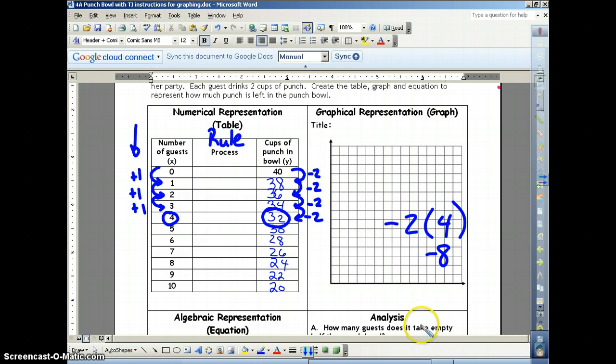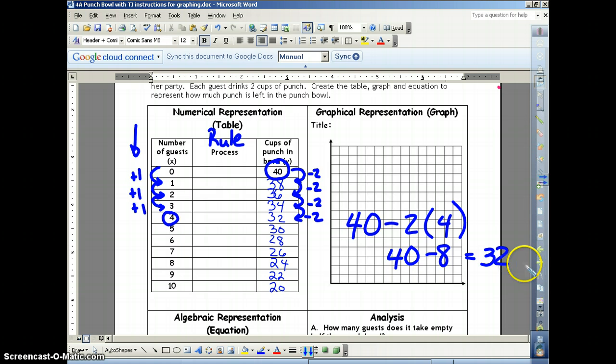Why is the answer 32 and not negative 8? Does anybody know why? It's because I started off with 40 cups in the punch bowl. If I put 40 here in the beginning, right here, and then subtract 8, what do I get?